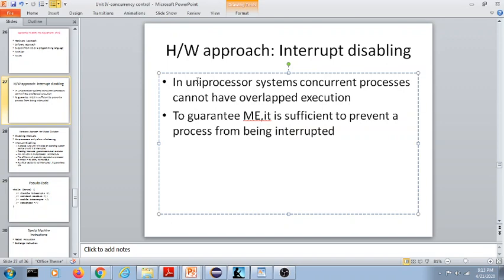Whenever there is a uniprocessor system, how is mutual exclusion guaranteed? It is guaranteed whenever any process is working on a common resource, and you prevent the other processes from using the same resource, or you prevent the original process which is working on that resource from being interrupted.